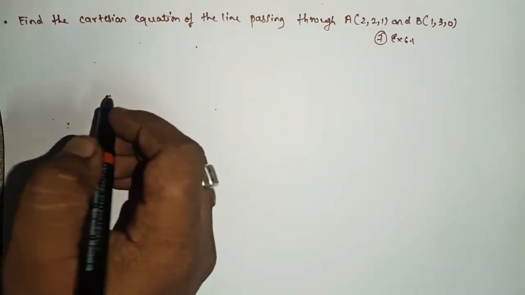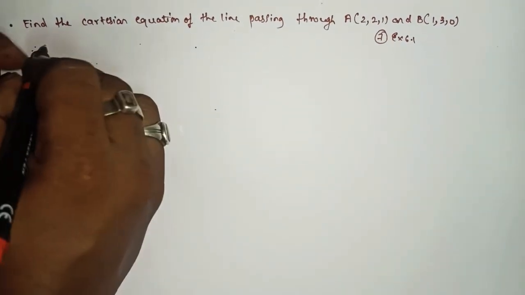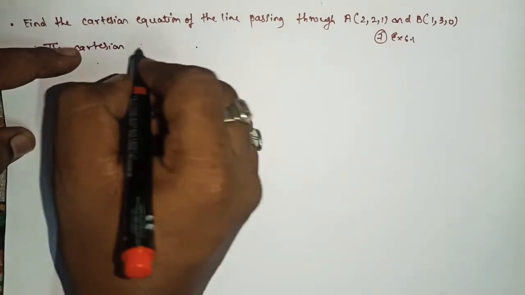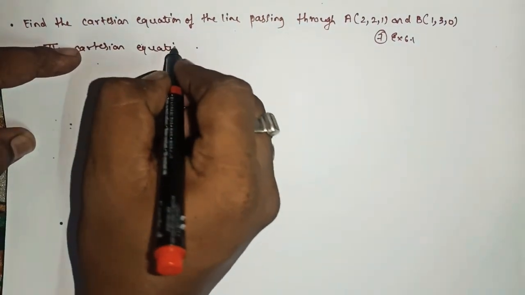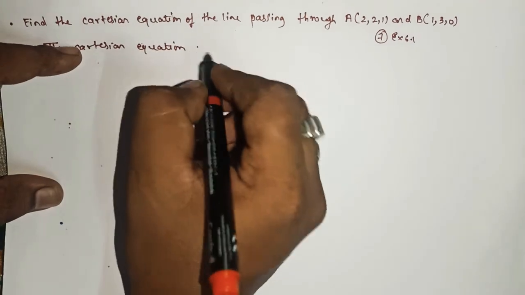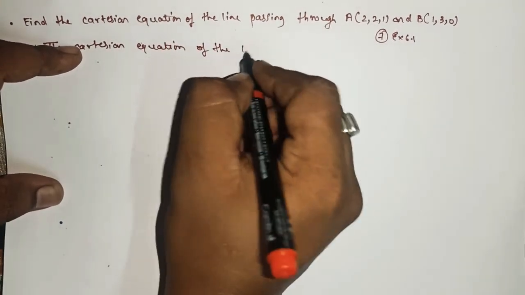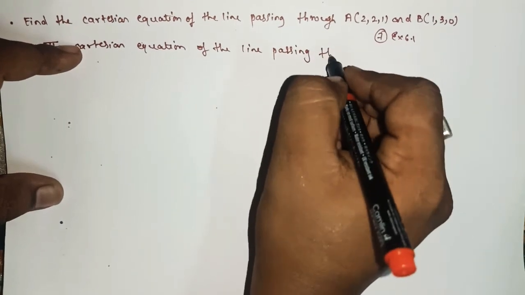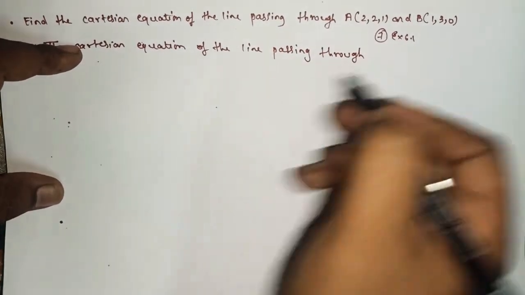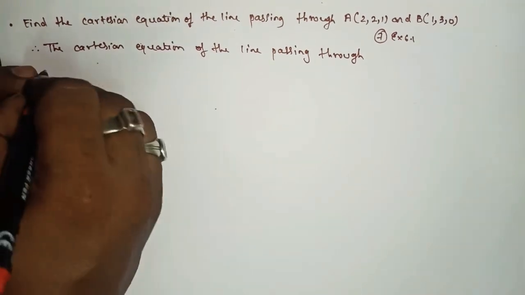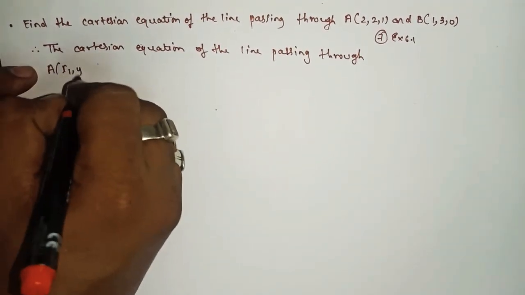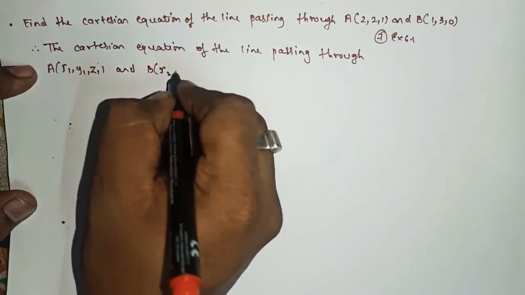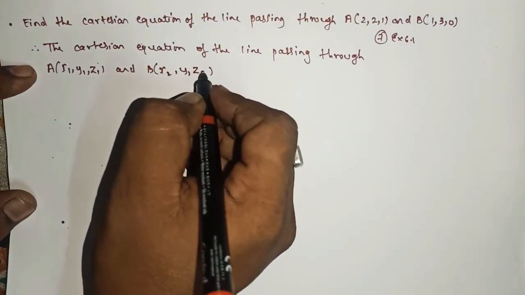So we'll start with the presentation part. Here you will write the Cartesian equation of the line passing through A and B. We'll consider A as x1, y1, z1, and for B we'll consider x2, y2 and z2.